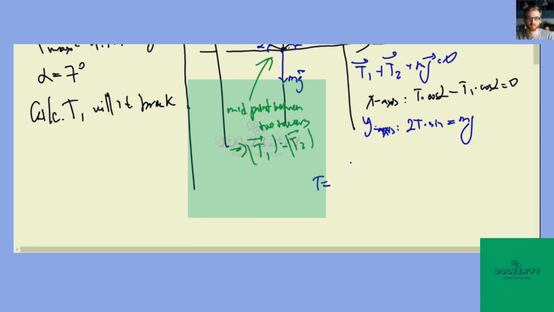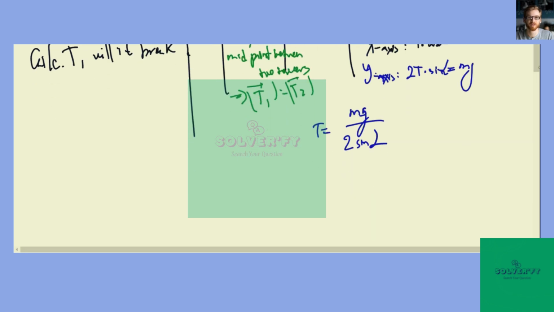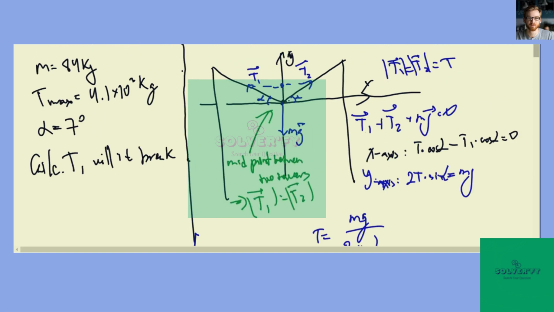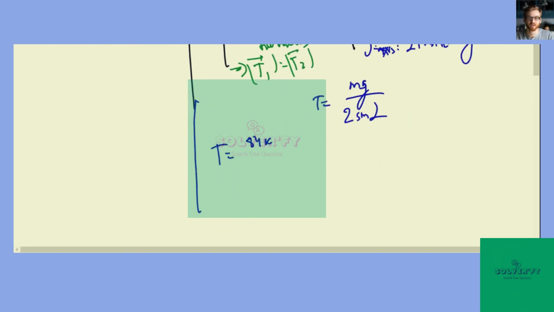Then T equals mg over 2 sine alpha. Let's calculate it. It equals 84 kilograms times 9.80 meters per second squared divided by 2 sine of 7 degrees.